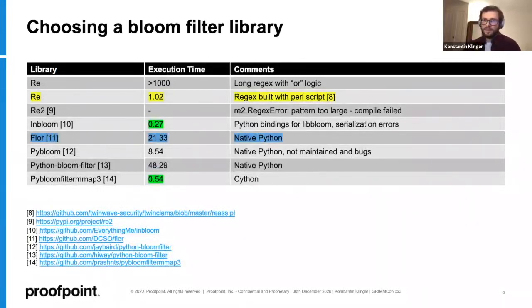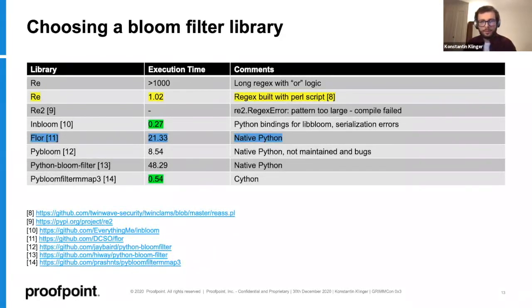That's how the results are looking. The OR regex was pretty bad with an execution time of more than 1000 milliseconds. The time is in milliseconds on an average over 10,000 iterations. The Perl optimized regex was really good. It's marked in yellow, and with an execution time on average of 1.02, it's pretty quick.